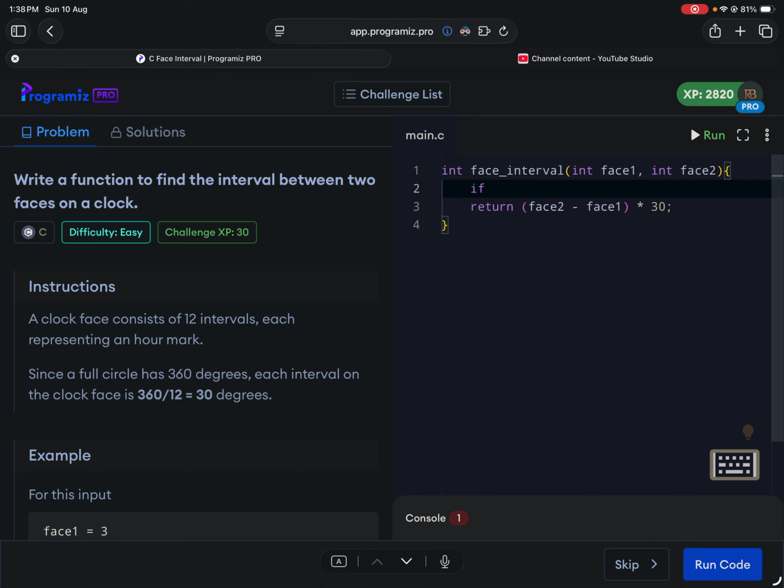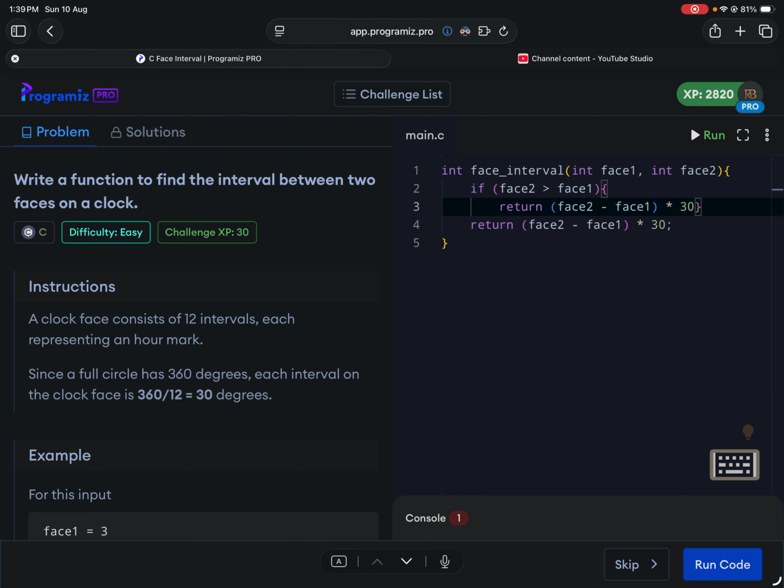If, of course, phase 2 is greater than phase 1, we need to return this thing, something like this, right? Otherwise, what do we do?